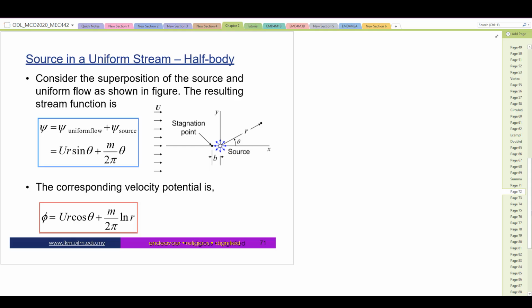Okay, let's continue our next lecture on superposition of basic plane potential flow. In the previous lecture, we focused on basic plane potential flow. There are four types of basic plane potential flow: uniform flow, source and sink, vortex, and the last one is doublet.